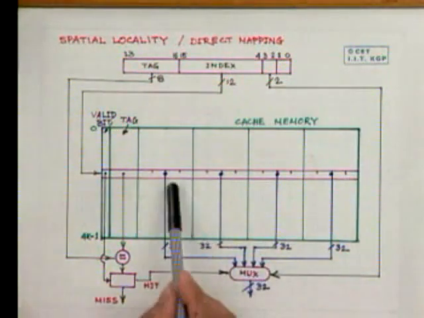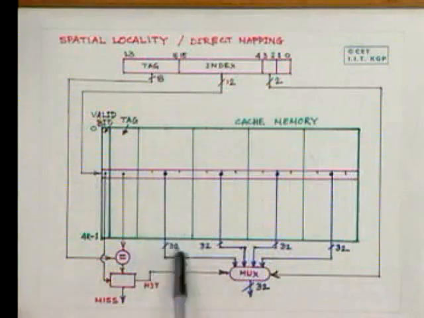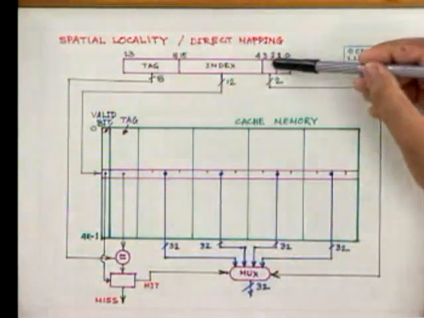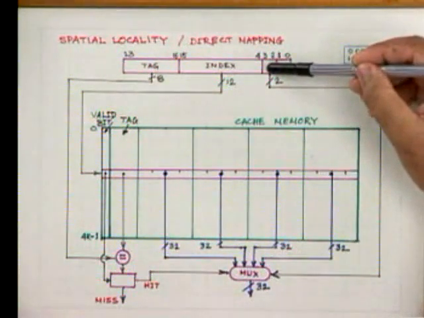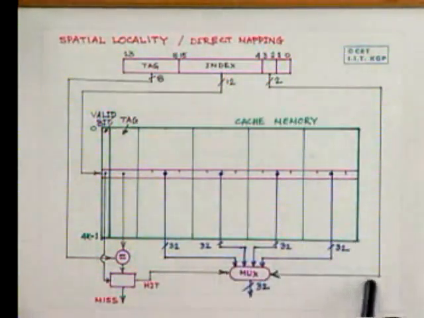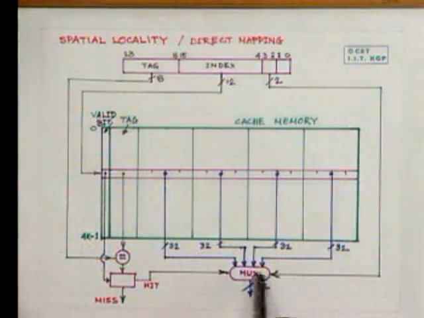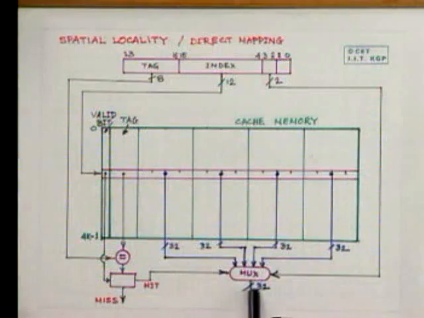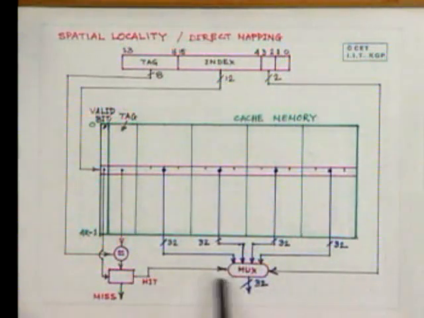Which particular block will be output depends upon the block address, that means which of these 4 blocks is being addressed right now, and that is the input to the mux. That controls which of these 4 lines will come out as the word or the block.